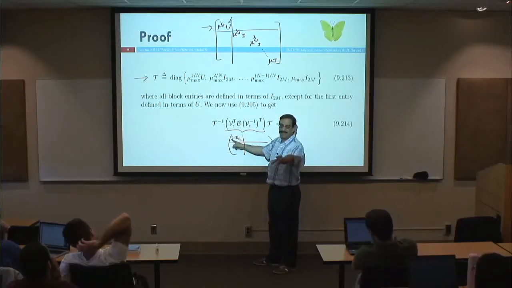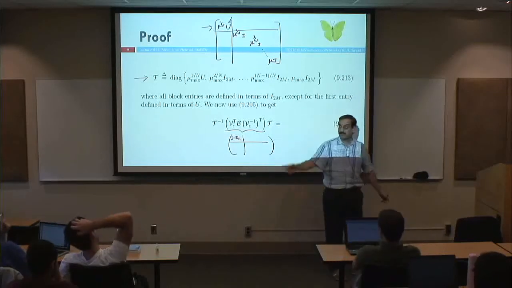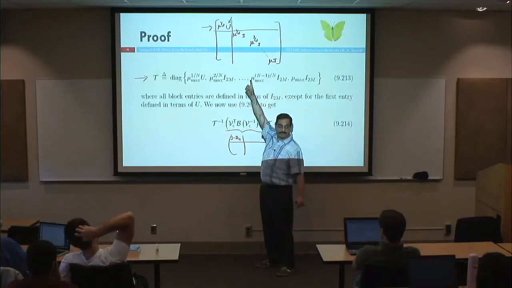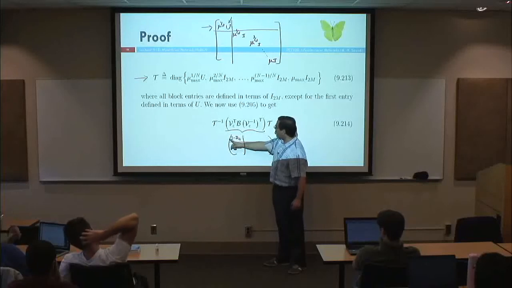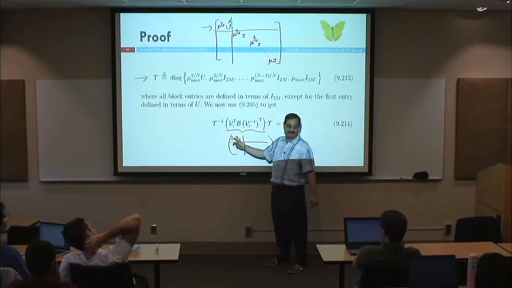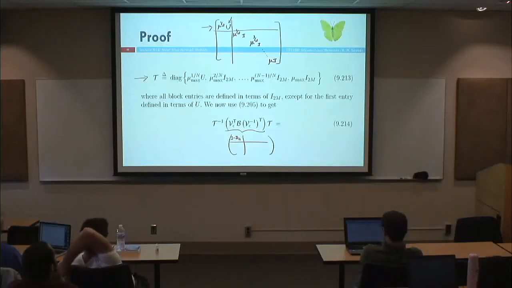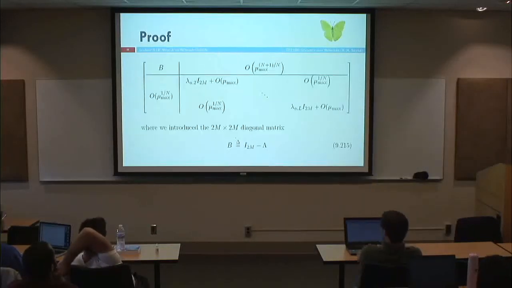U star times I keeps the I, but U star times D makes it lambda. You understand? That's why we put U there. And then you are going to have mu, and then the inverse of that mu, so no mu appears here. So when you apply this transformation to B, this is what you get.